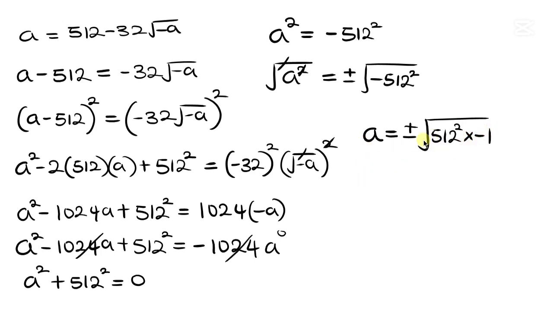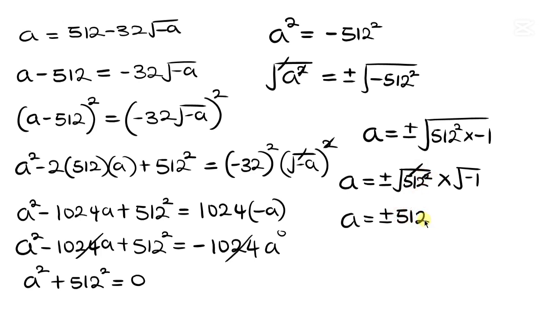And this can further be simplified into a equal to plus or minus the square root of 512 squared times the square root of negative 1. So that a becomes plus or minus. Now notice that the square root can cancel off the square, leaving behind 512. And now the square root of negative 1 is actually iota.